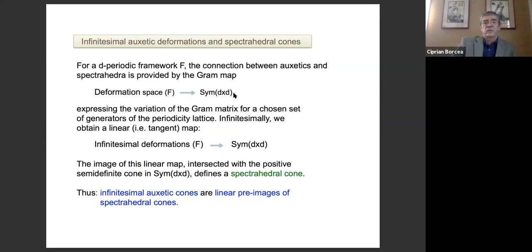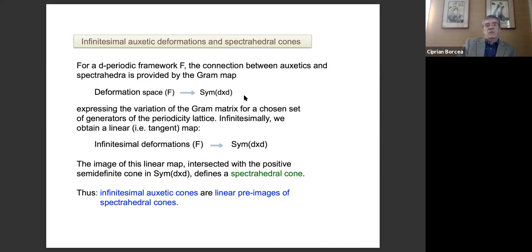It's the controlling map for what is going on with our structure, in the same sense in which, say, for finite robotics, we look at the end effector map.